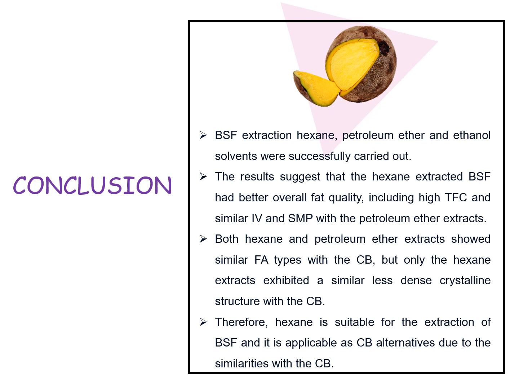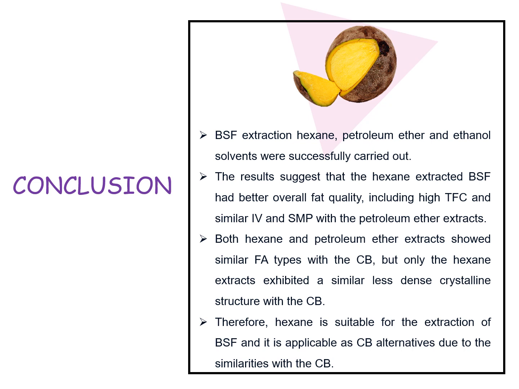And finally, as a conclusion, I could say that the extraction of the Bambangan fat using hexane, petroleum ether, and ethanol solvents was successfully carried out, and the results suggest that the hexane extracted Bambangan seed fat has better overall fat quality when we look at the high total fat content.